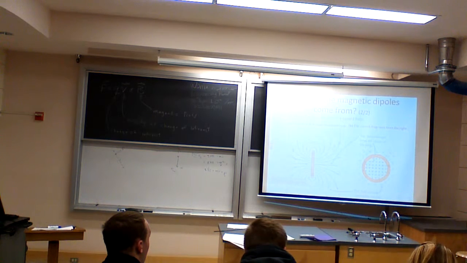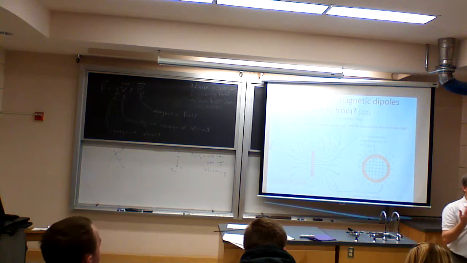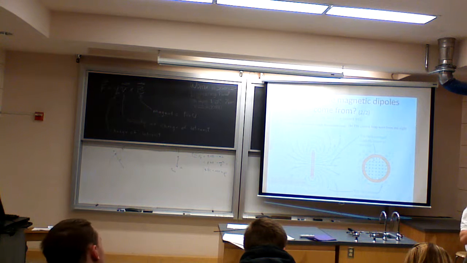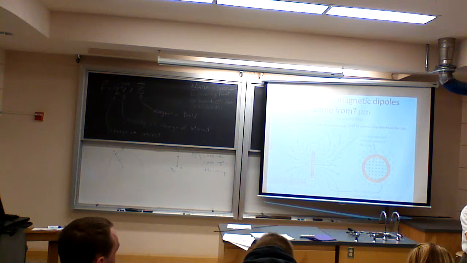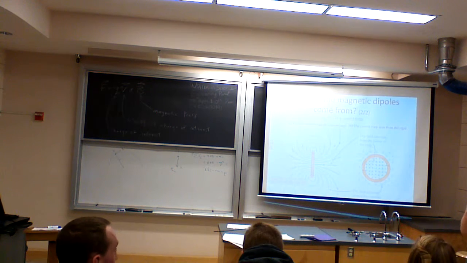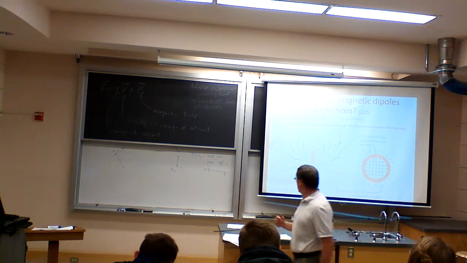So if we think of electrons orbiting in a nucleus, that would give us some sense of where a magnetic field comes from. We think of electrons as having spin. That's probably a little more accurate idea of where that magnetic field comes from. The bottom line is we have rotating charges at an atomic level that create magnetic fields.